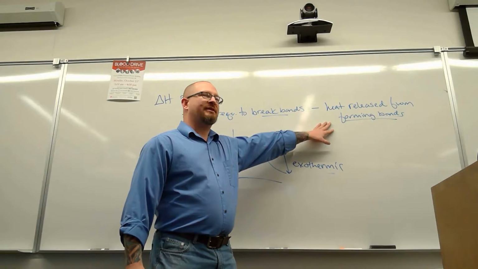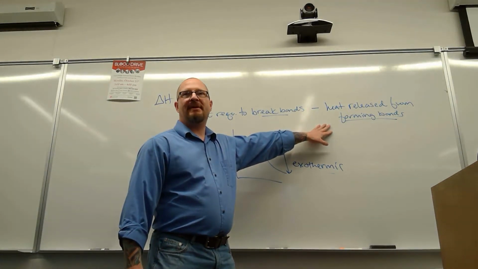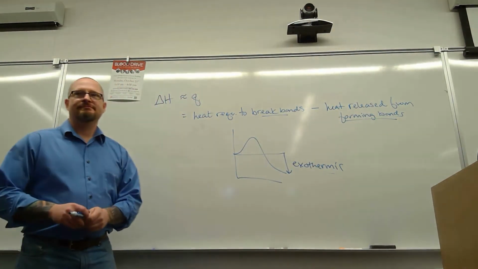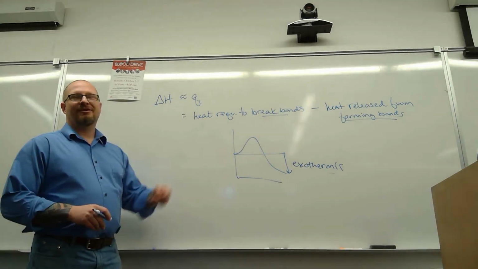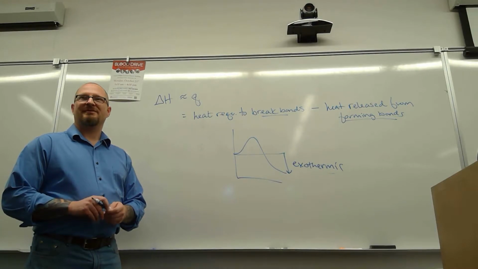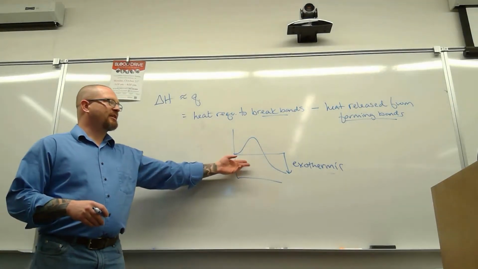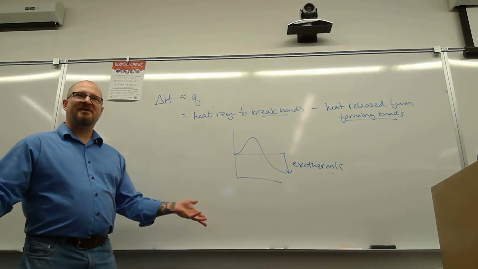Does it seem odd to anybody that I made the statement, heat released from forming bonds? Heat required to break bonds. Usually considered the opposite way, right? Typically, because we spend so much time talking about exothermic reactions that are spontaneous, releasing energy.